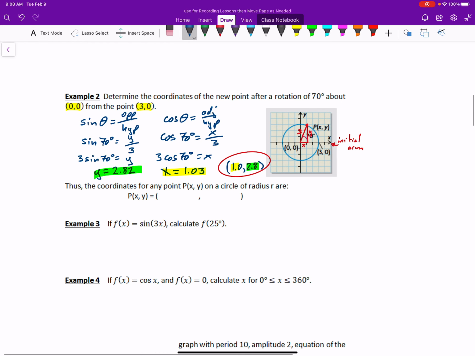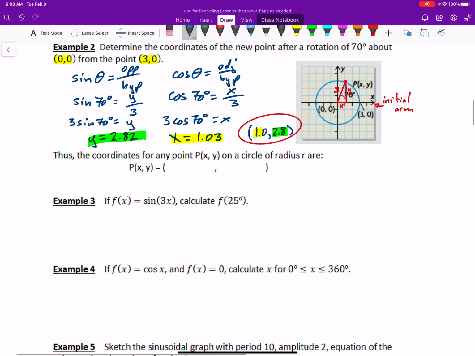So that's a specific one, but you can probably imagine how we could extend this to find any point on that circle by using sine to find the y value and cos to find the x value. So anytime I want to find the x value first, it's always going to be the radius times, because the radius in this example was 3, the radius times the cos of the angle.